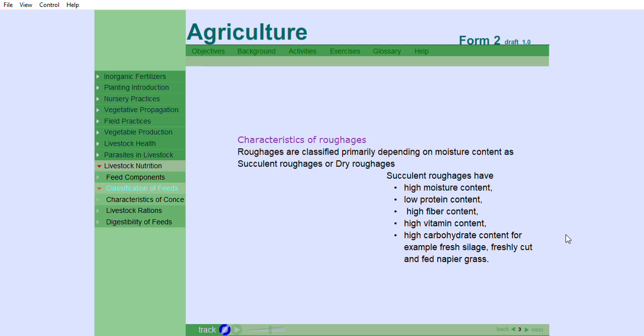Characteristics of roughages. Roughages are classified primarily depending on moisture content as succulent roughages or dry roughages. Succulent roughages: high moisture content, low protein content, high fiber content, high vitamin content, and high carbohydrate content, for example, fresh silage, freshly cut and fed Napier grass.